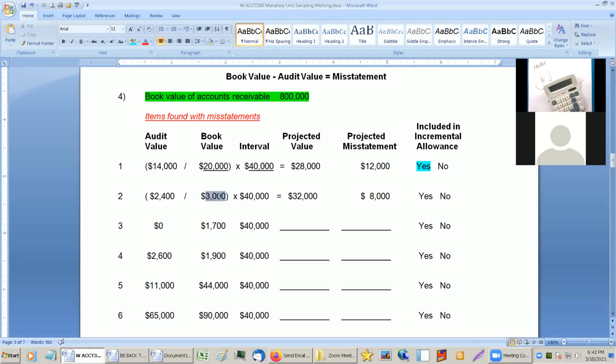And is the 3,000 less than the 40,000? Yes, it's less. So it'll be an incremental allowance.